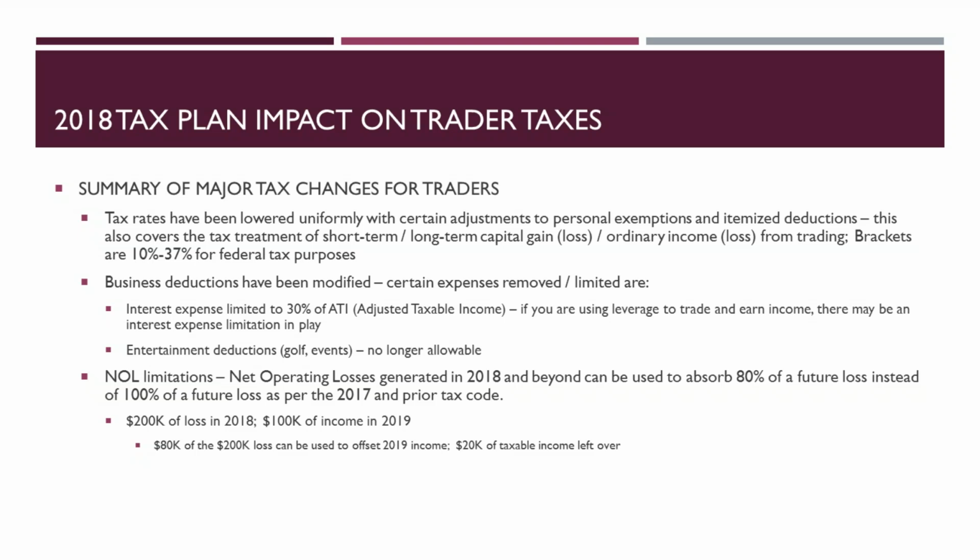Under the old tax regime, the entire profit in 2019 would be eliminated. Under the new tax regime, 80% of that profit is eliminated, and the remaining $120,000 of the 2018 loss gets carried forward. So it's a change to the tax code that basically forces businesses that have had poor years in prior years to pay some tax in future years if they generate some profits.